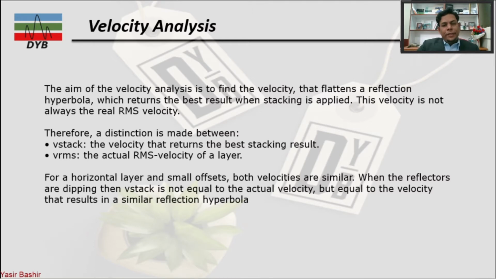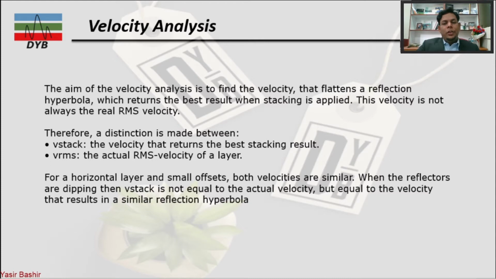If we have a horizontal layer with small offset, both velocities are similar. When the reflectors are dipping, then the stacking velocity is not equal to the accurate velocity, but equal to the velocity that results in a similar reflection hyperbola. So that is the difference.